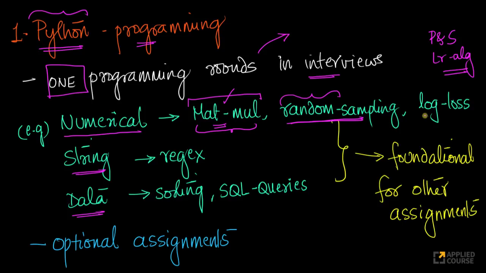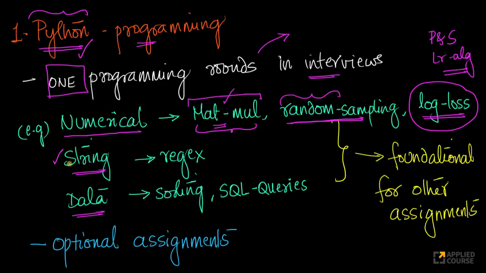Similarly, we have one assignment where we ask our students to write a function that implements log loss. As many of you know, log loss is a very foundational loss metric that is used extensively in machine learning and deep learning, right? So this sort of programming helps you learn the foundations of Python programming and apply them to numerical tasks, whether it is random sampling, writing a function to compute log loss, or writing a function to perform matrix multiplication from scratch.